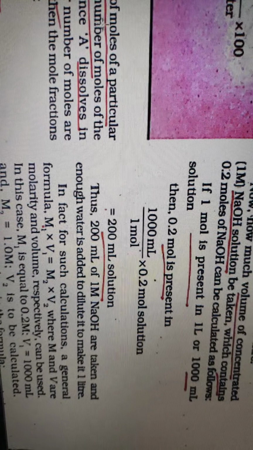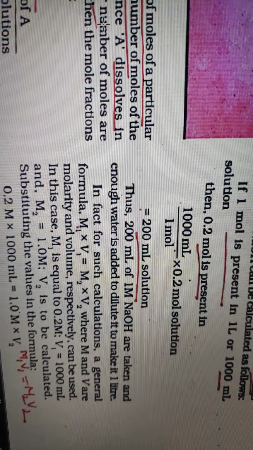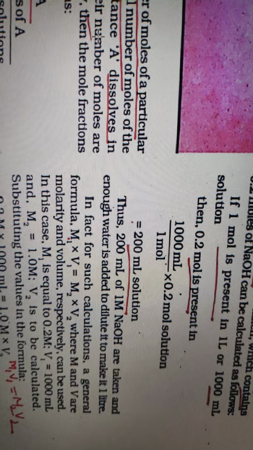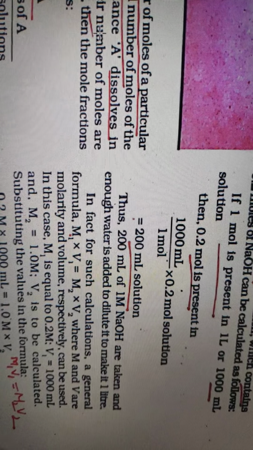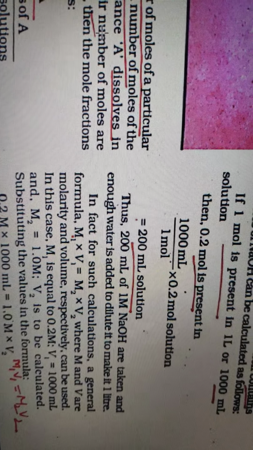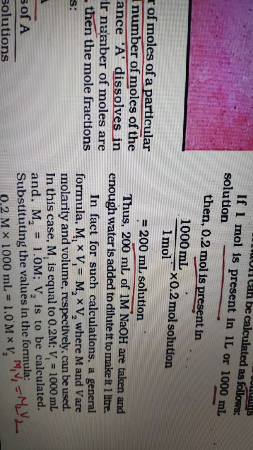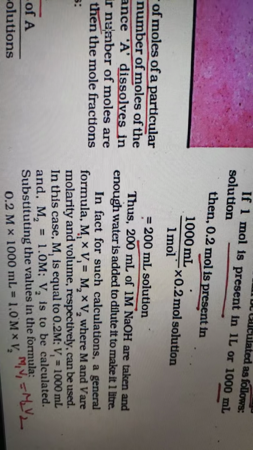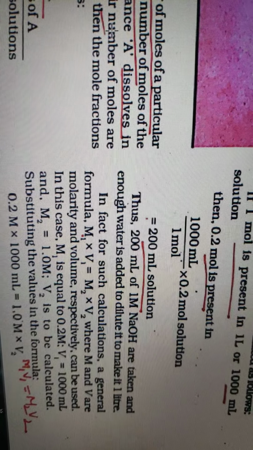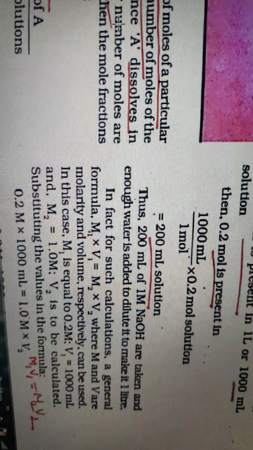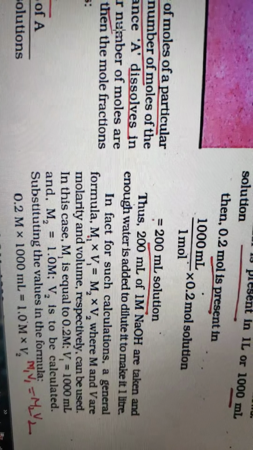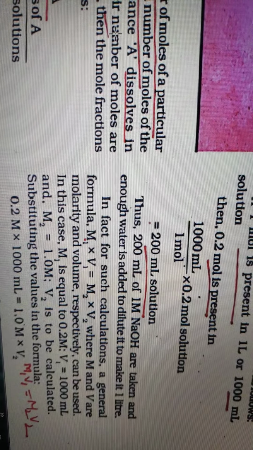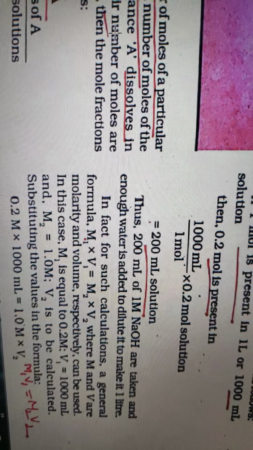Another alternative method, when two molarities and a volume are given, we can apply the formula M1V1 is equal to M2V2. Very easy formula. Here M is molarity and V is the volume. In this case, M1 is equal to 0.2 M, V1 is equal to 1000 ml, M2 is equal to 1 M, and we want to calculate V2.